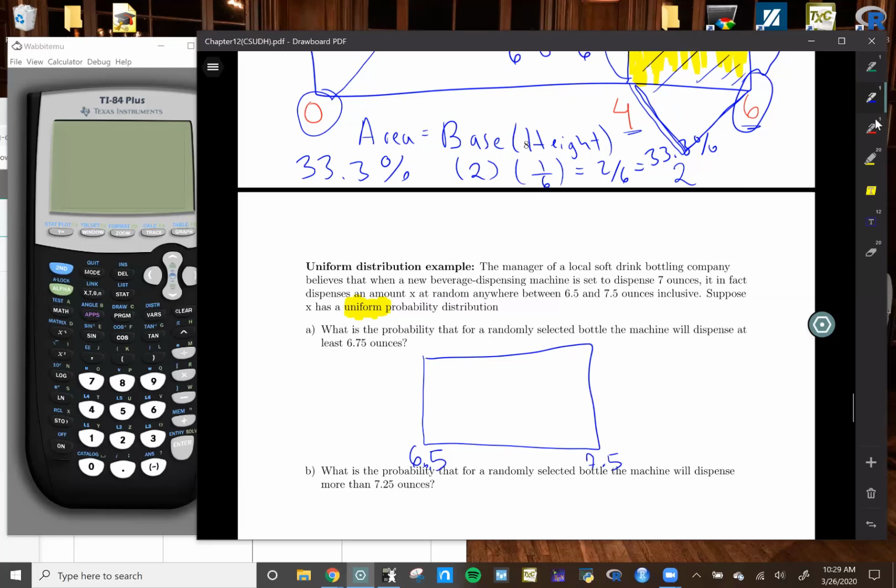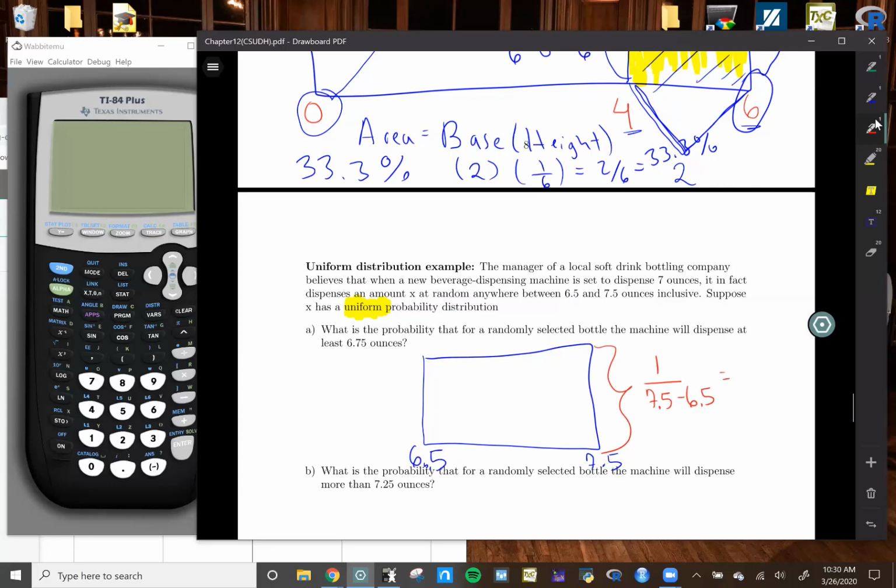All right. Everybody good with 6.5 to 7.5? Yes. All right. So up next, we're going to get the height. For the height, we do 1 divided by the biggest number. The biggest number right here is 7.5, and the lowest number is 6.5.